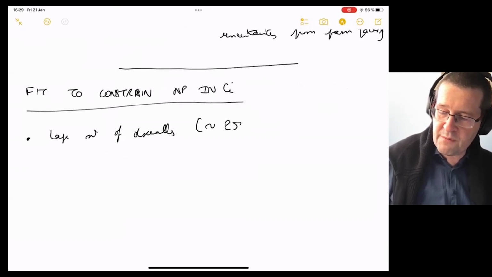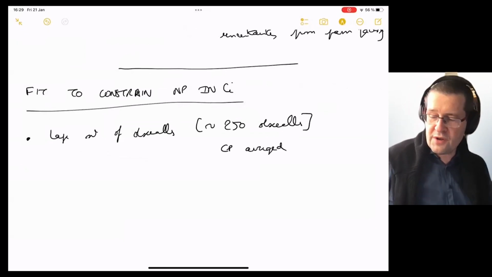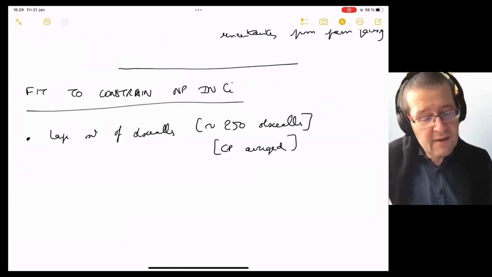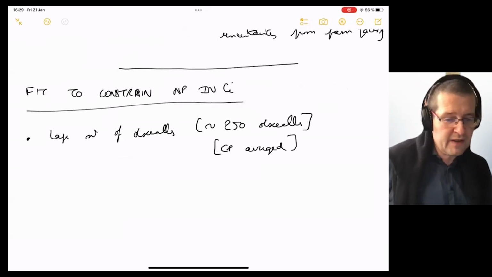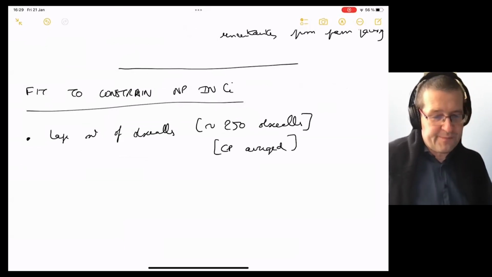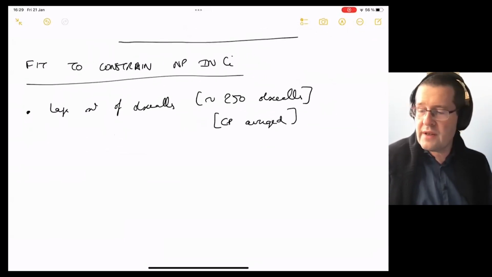Actually, the current fits are doing something like 250 of them, and that's only if you take the CP average. So you're not assuming that your new physics is CP violating, which is a possibility that's probably to explore in the future. And then you fit the various coefficients, and I'm just going to show very quickly two possible outcomes, favored scenarios for this.